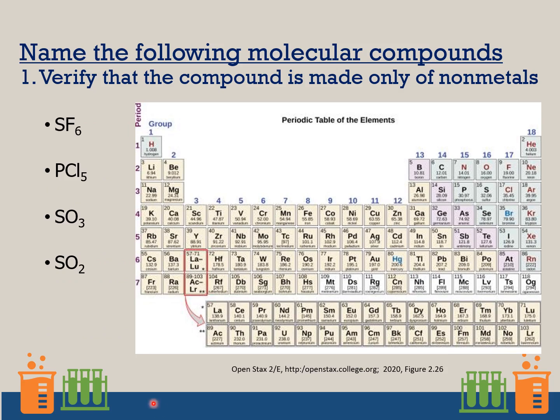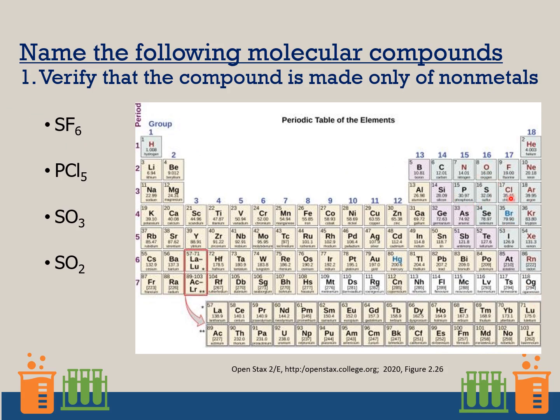Let's name these compounds. And whenever we name a compound, the first thing we want to do is pull out the periodic table and classify the compound as molecular, ionic, acid, or base. There's going to be different rules for the different types of compounds. So this section is naming molecular compounds, but really let's just verify that these are molecular. So SF6, S and F are in the nonmetal portion.